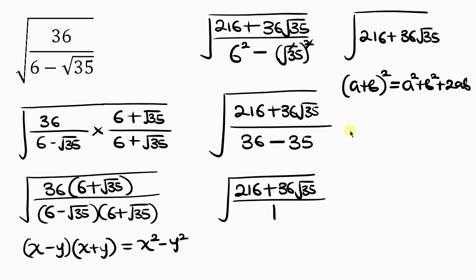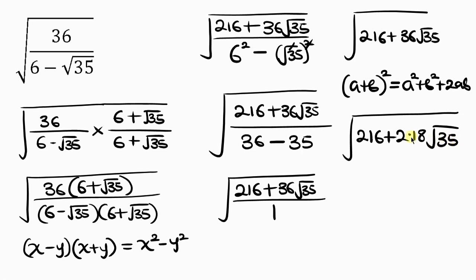So we have the square root of 216 plus, since I have 2ab here, I'm going to be extracting the 2 from this 36. So 2 times 18 gives 36. So I've been able to extract 2 from 36. So 2 times 18 is 36 times the square root of 35.